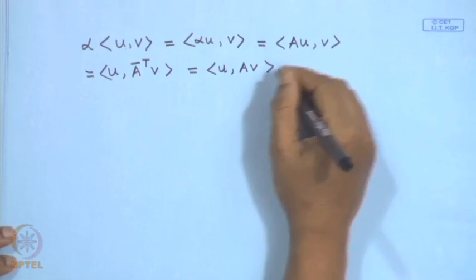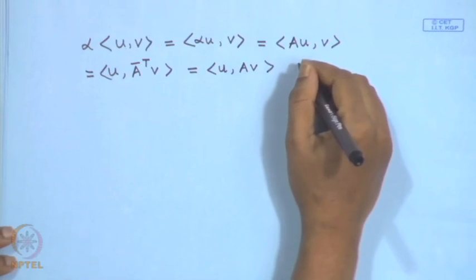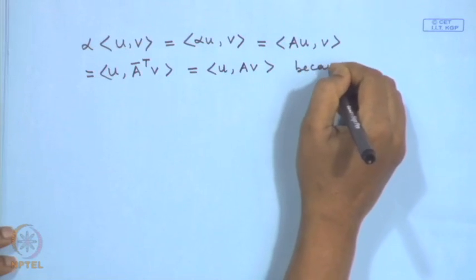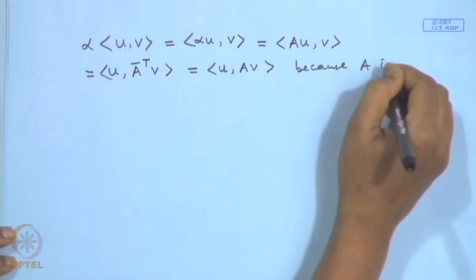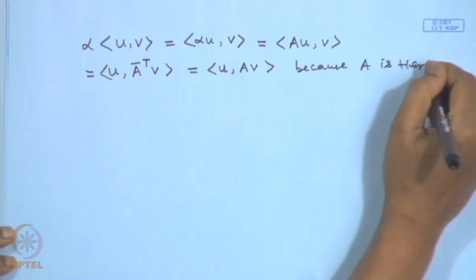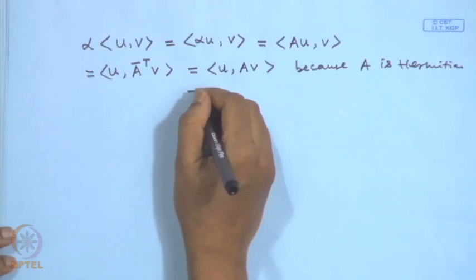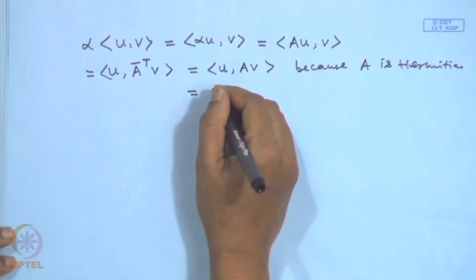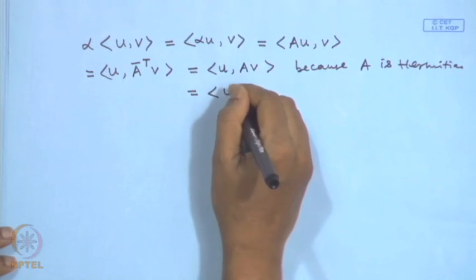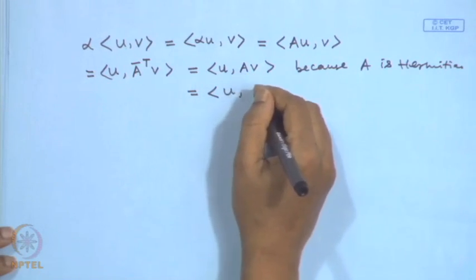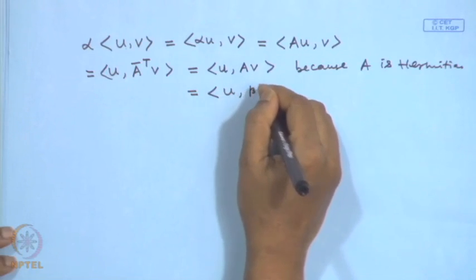because A is Hermitian. This we get because A is Hermitian, and then this inner product is equal to u and A v, that is equal to beta v.